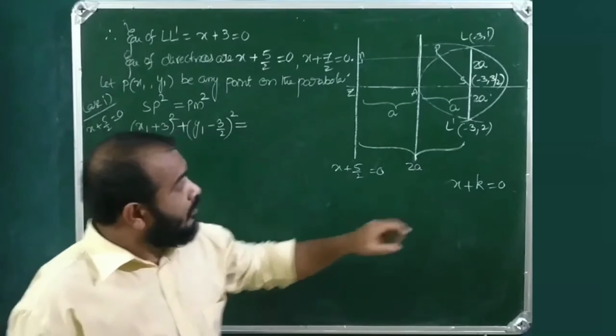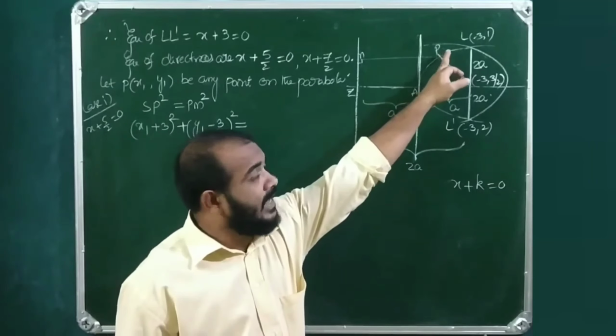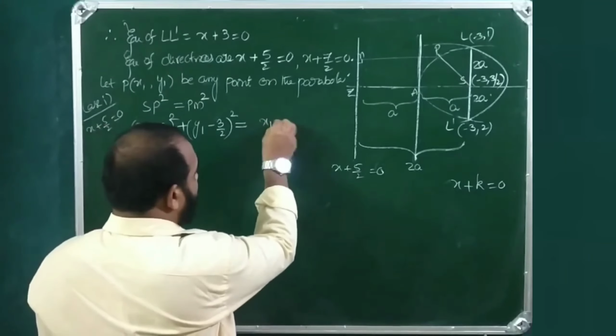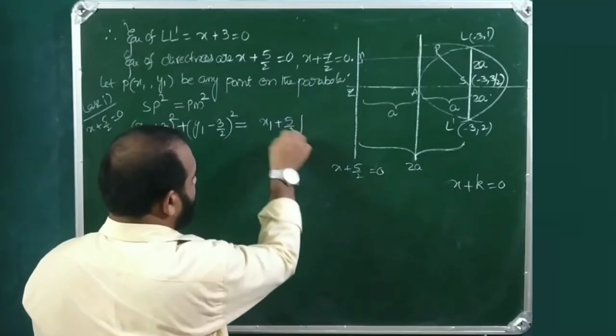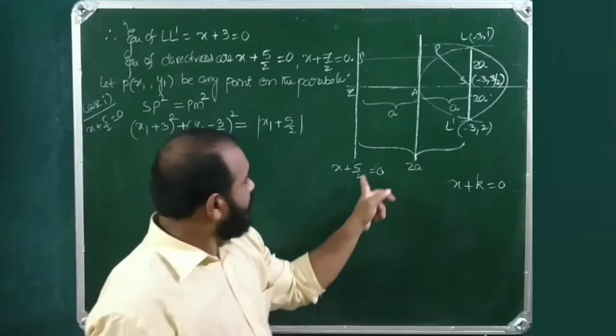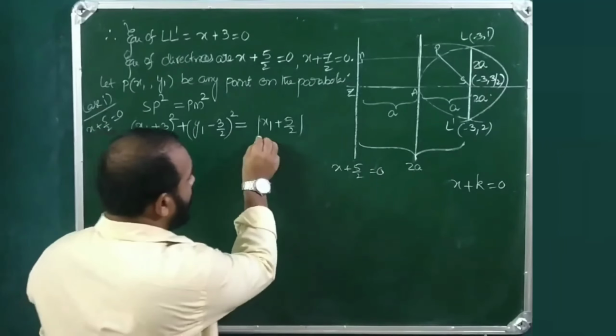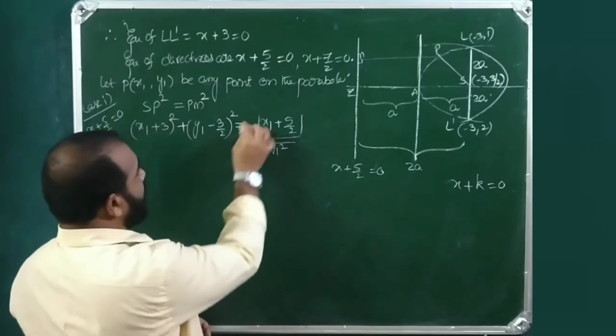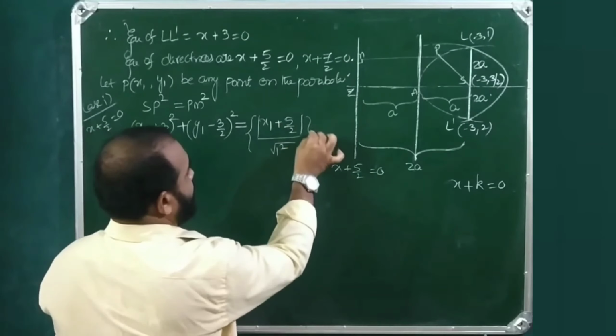Now, what is PM? The length of the perpendicular from P(x1, y1) to the line x plus 5 by 2 equals 0 is x1 plus 5 by 2 divided by square root of 1 square. So PM square is this square.